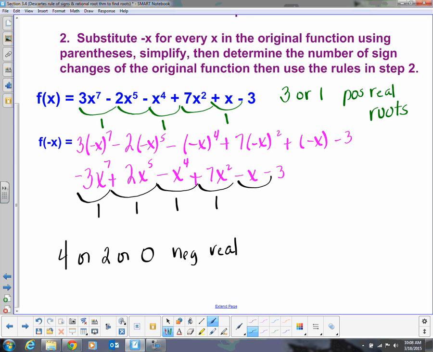You subtract until you get to a negative number, and we can't have negative roots. That means if you solve this equation, you either have 4 negative answers, 2 negative answers, or no negative answers. And this says you're going to have either 3 positive or 1 positive.